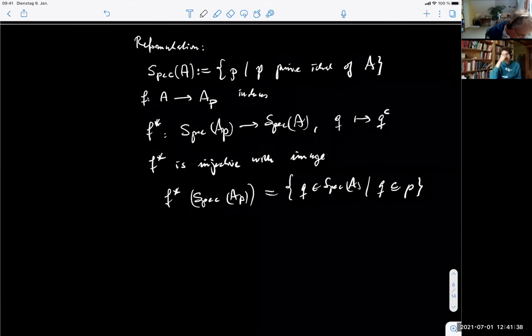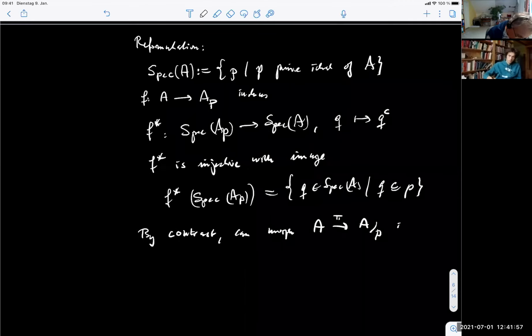Let's also explain this. We know that already, but it's just to complete the picture. So by contrast, I have the canonical ring morphism from A to A mod P, let's call it pi.